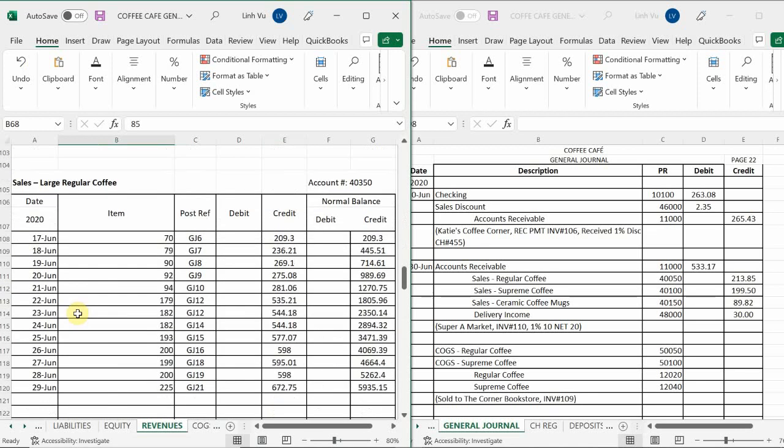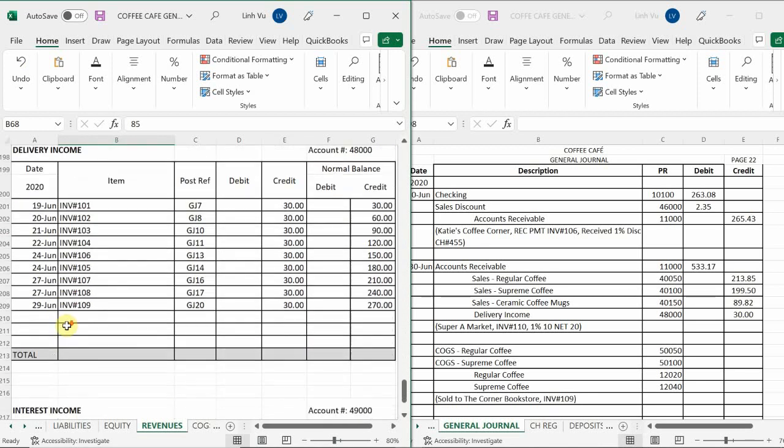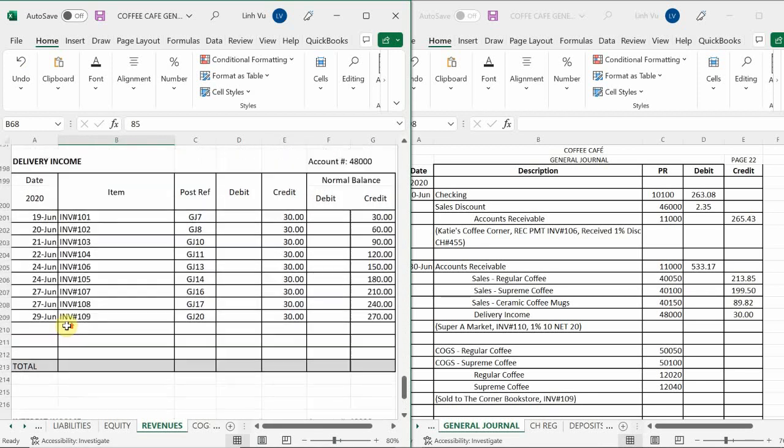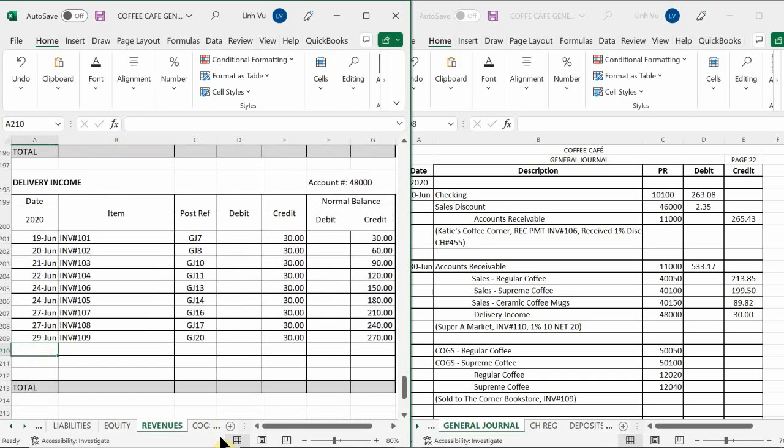And then we needed to update the delivery income. And now it's $30, add $30 for the grand total of $300 on page 22. $300.